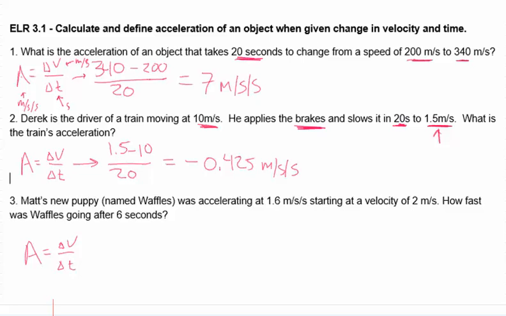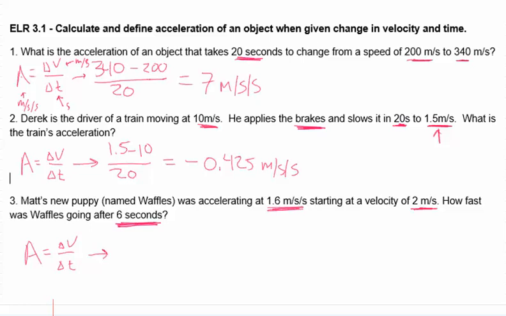So it says Matt's new puppy named Waffles has this acceleration, and we have a starting velocity, but we want to know how fast were we going, so that sounds like a velocity, after 6 seconds. So we're looking for a final velocity, so when Waffles is all done running. Just like before, we do the final minus the starting velocity.